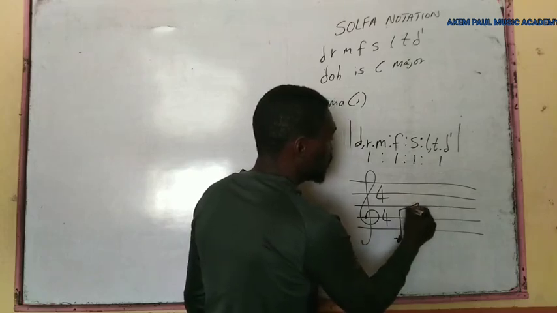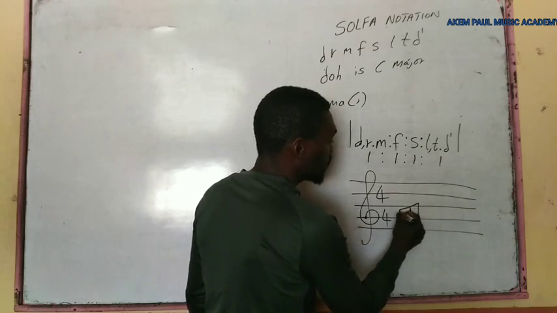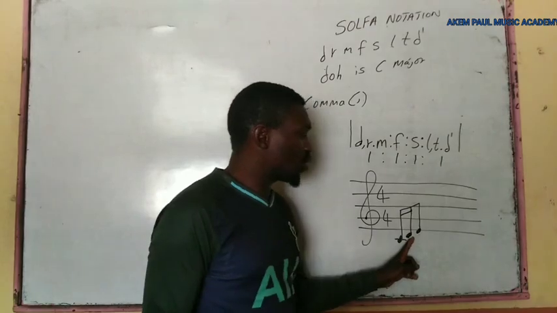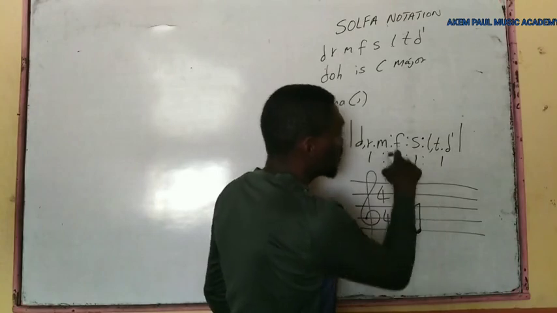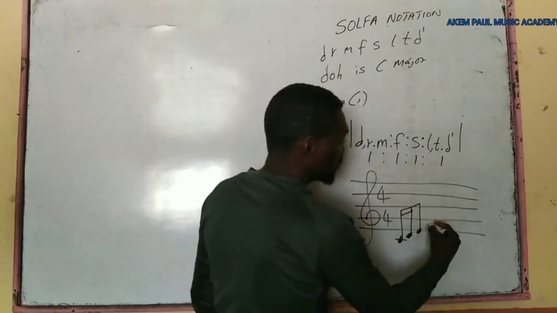Then we're going to join these 3 notes together. So these 2 are semiquavers while this is a quaver. Then we're going to have, this is one beat, which is a crotchet.